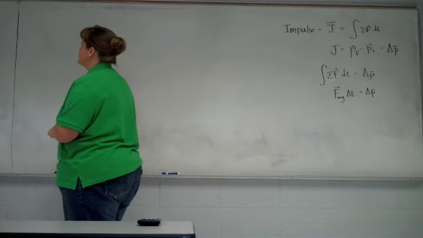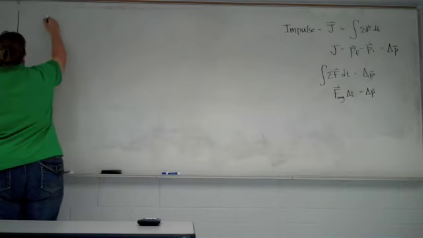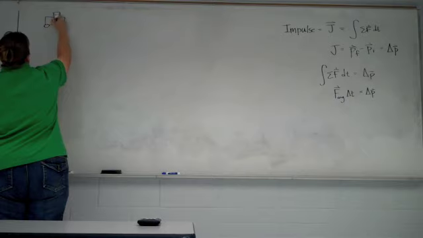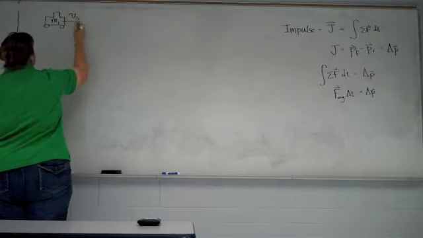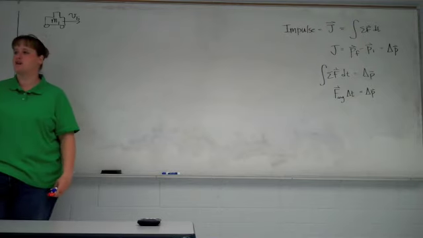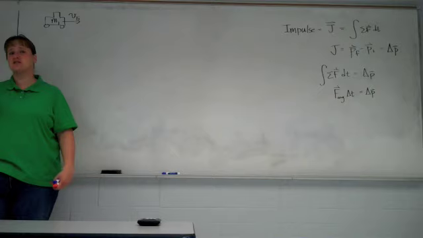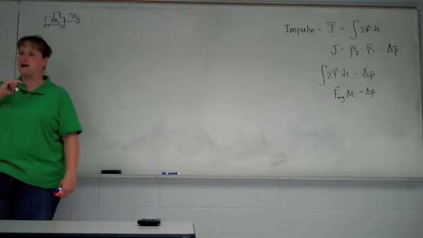If you have a system of objects, for example, let's say we have a car, mass 1, traveling at some initial speed. So V1 initial is the speed at which car 1 is moving. Now, it's moving to the right, so the velocity would just be V1 initial.